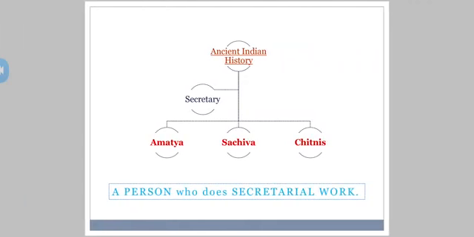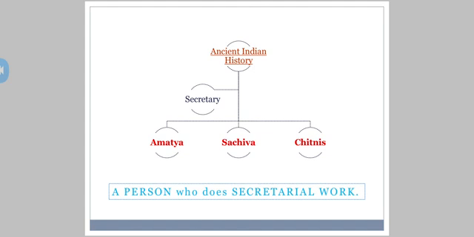And now coming to ancient Indian history, when a person used to do the secretarial work, the other names were Amatya, Sachiva and Chitnis. These three names mean secretary only, but in those times a person who did the secretarial work was termed as Amatya, Sachiva and Chitnis.